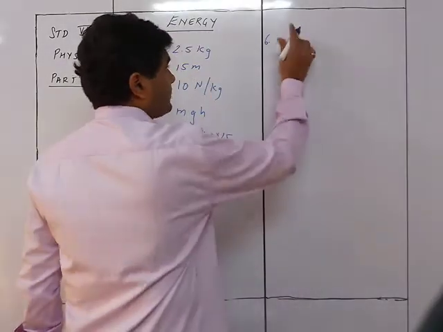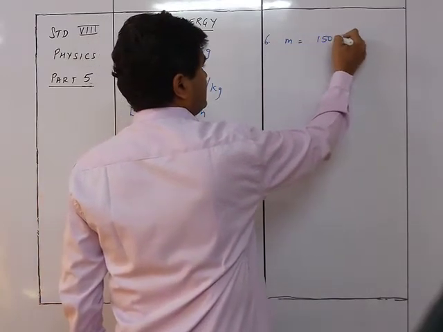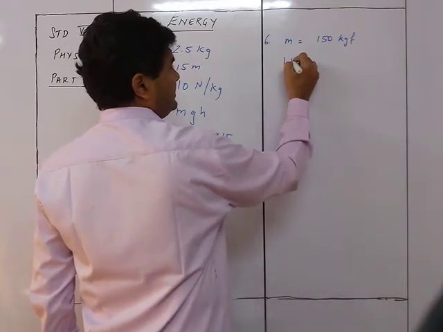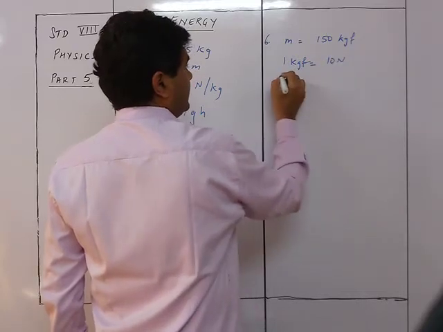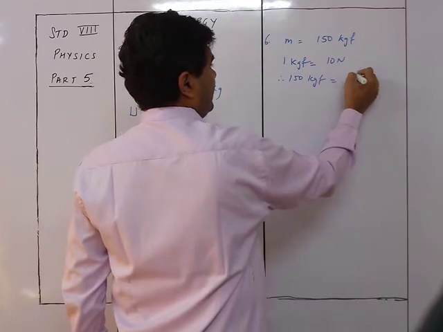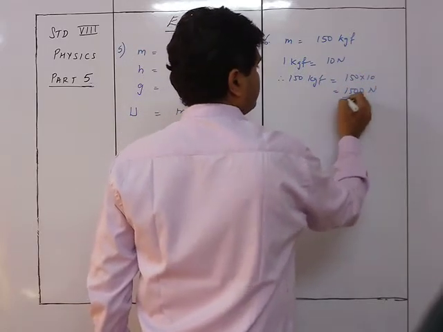So it's given that the weight is 150 kgf. 1 kgf is equal to 10 Newton. Therefore 150 kgf will be equal to 150 into 10, which is 1500 Newton.